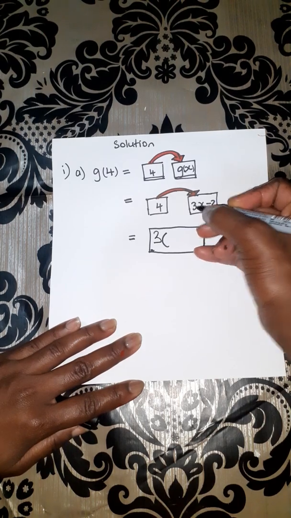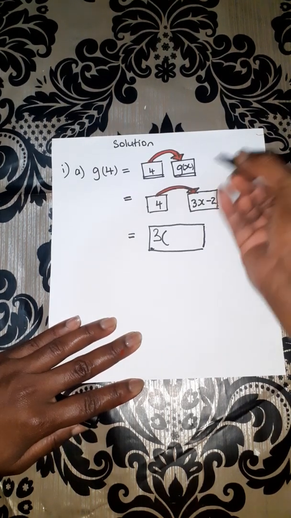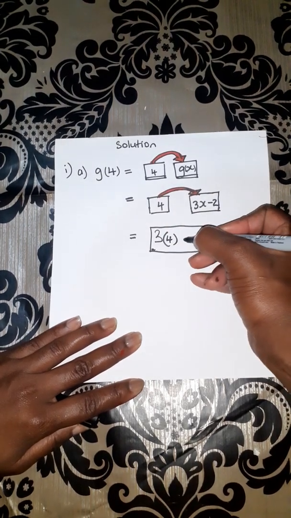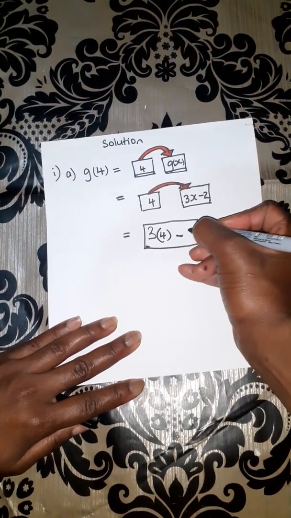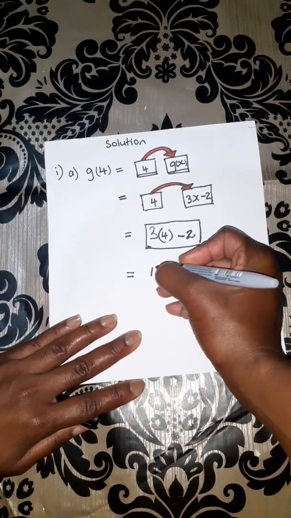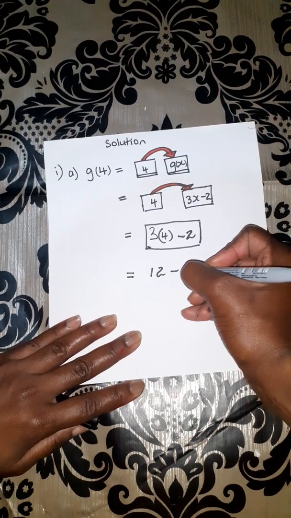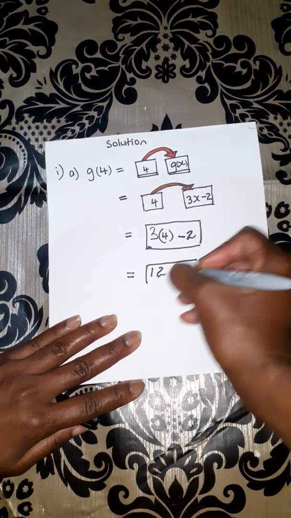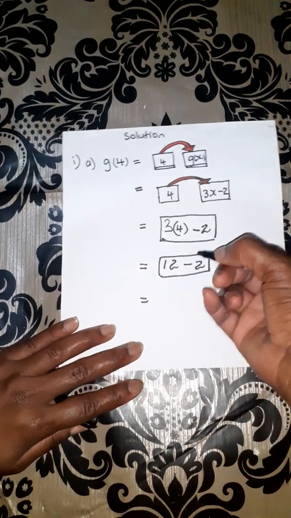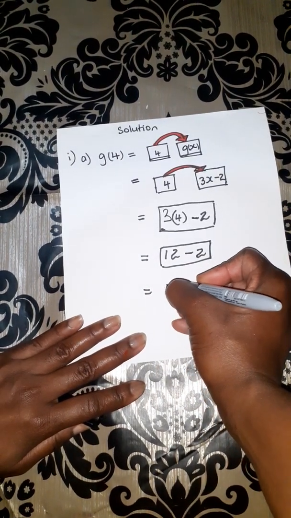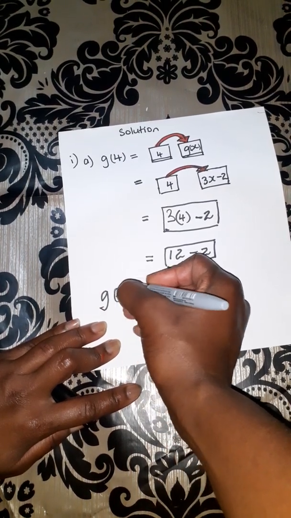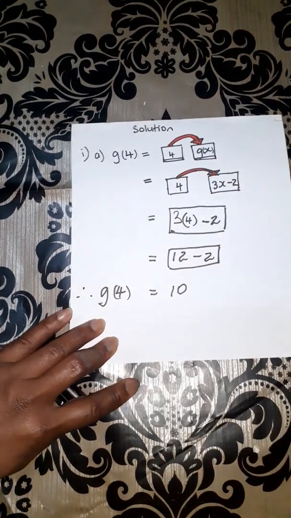If you said multiplication, you're correct. So 3 times x minus 2 would be 3 times 4 minus 2. 3 times 4 gives us 12. 12 minus 2 gives us 10. Very good. So g of 4 is equal to 10.